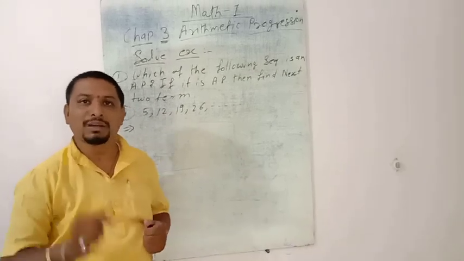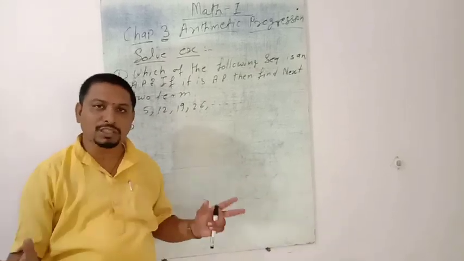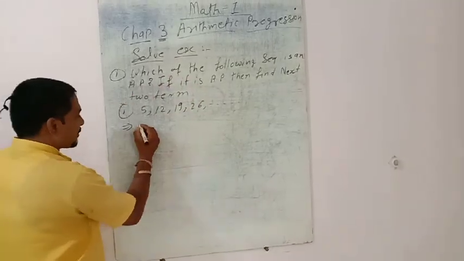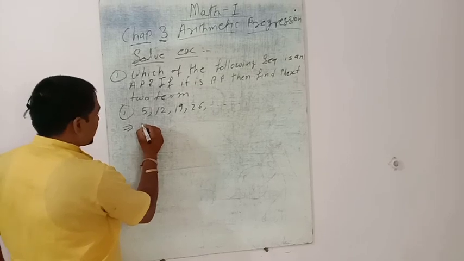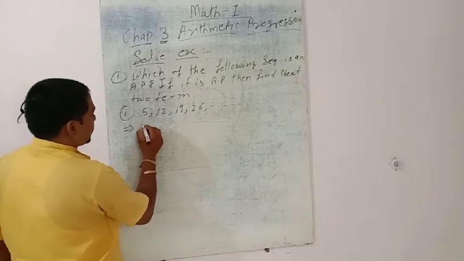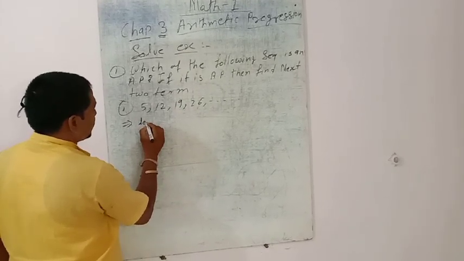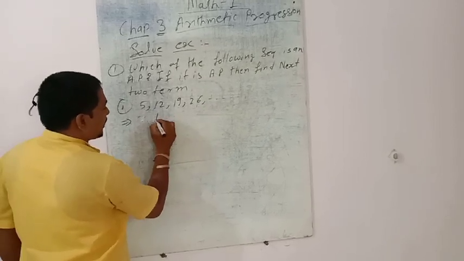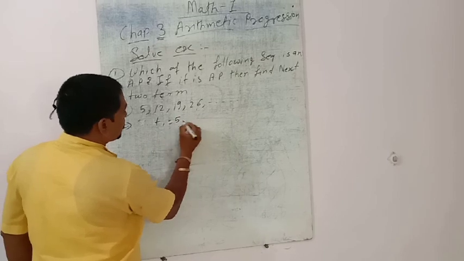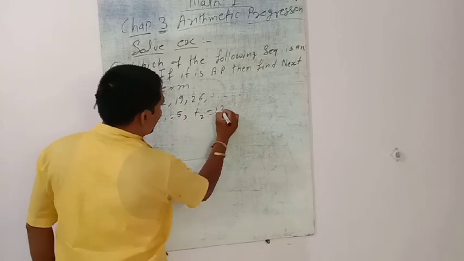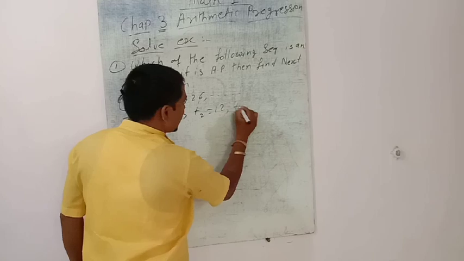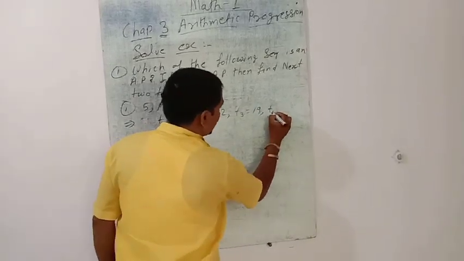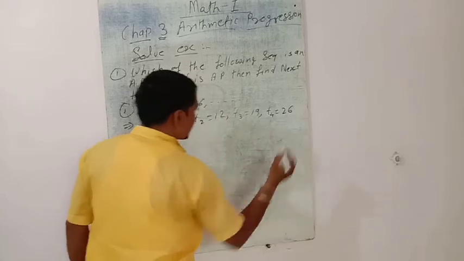So we have to find d first. Suppose d is constant, then the given sequence is an AP. So let's take T1 equals 5, T2 equals 12, T3 equals 19, T4 equals 26.